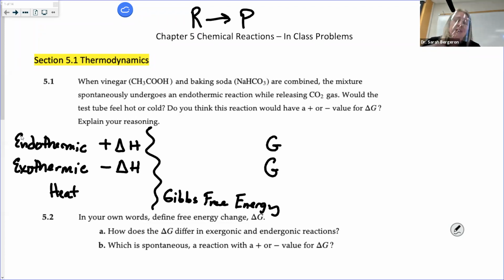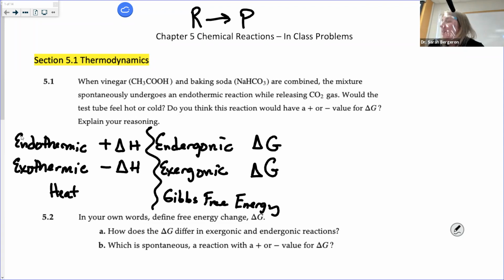And if energy is leaving or entering a system, we talk about endergonic and exergonic. And at the same time, we don't care how much energy is in the system. We care about the change in it when we go from reactants to products.